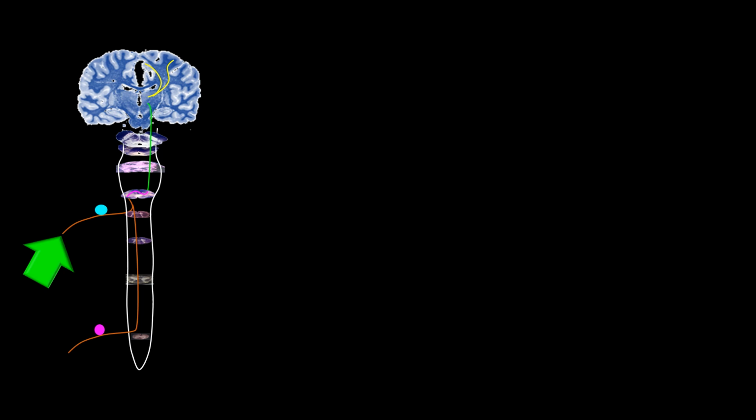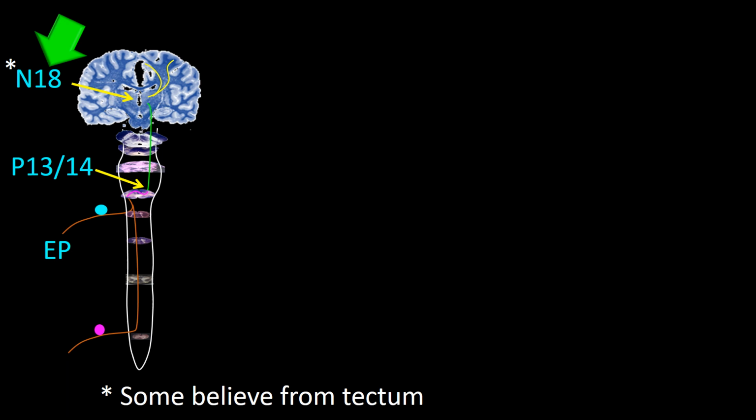In the median nerve stimulation or ulnar nerve stimulation, the waves analyzed are the Erb's point potential, P13-14, N18, which in this frame is being represented as being generated in the thalamus, but some authors believe it is generated at the level of the tectum, and N20.